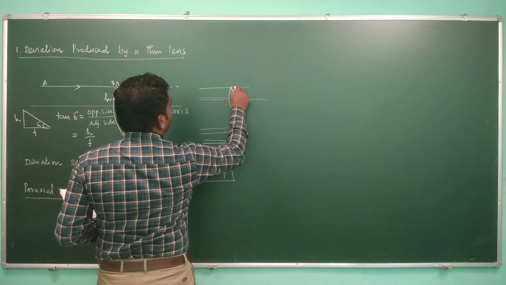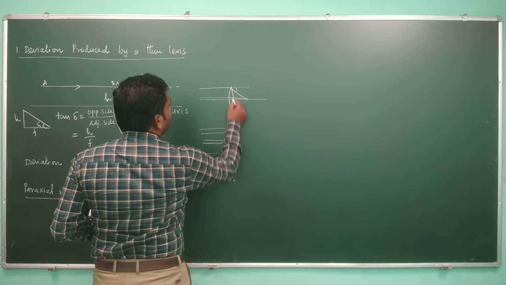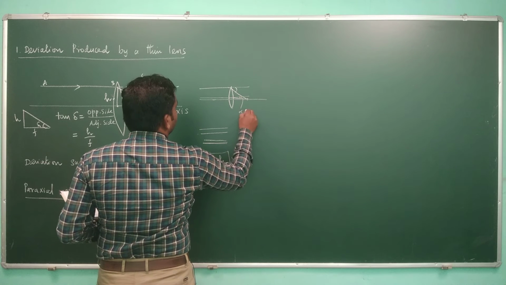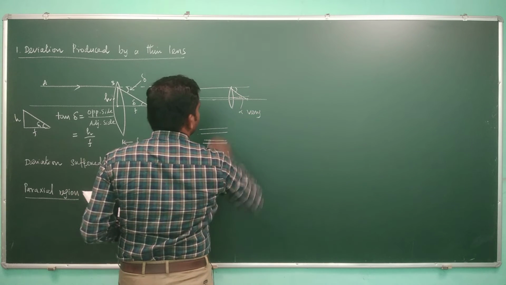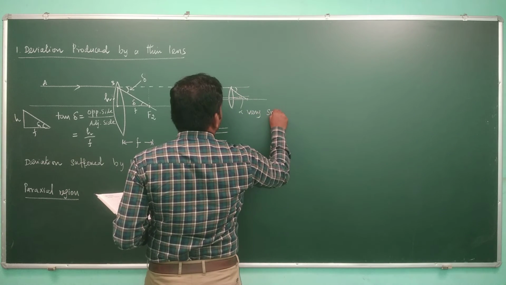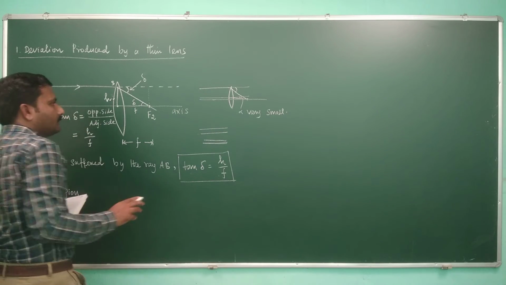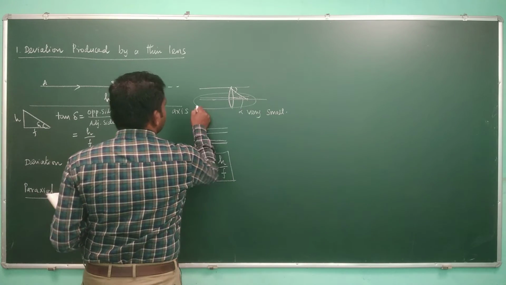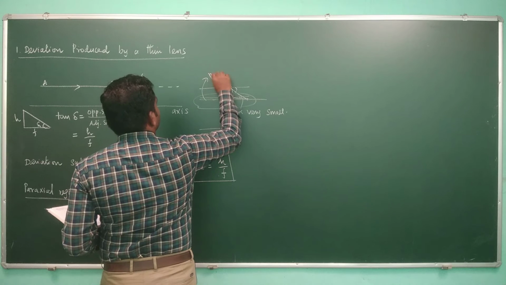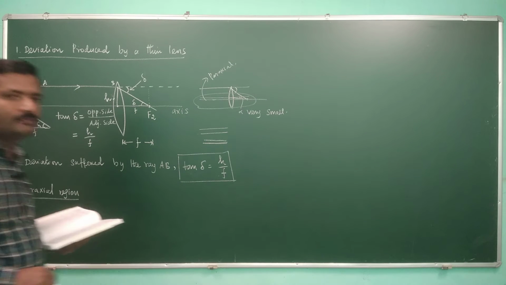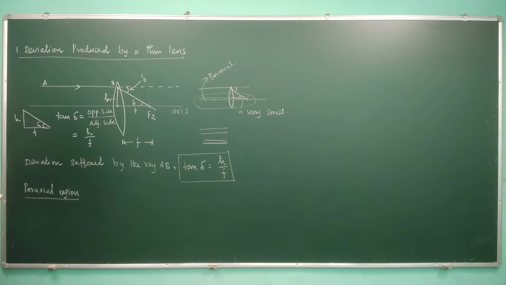When you draw this angle, if you denote it as alpha, it will be very small, and such a region is said to be paraxial. Generally, paraxial regions lie very close to the optical axis.